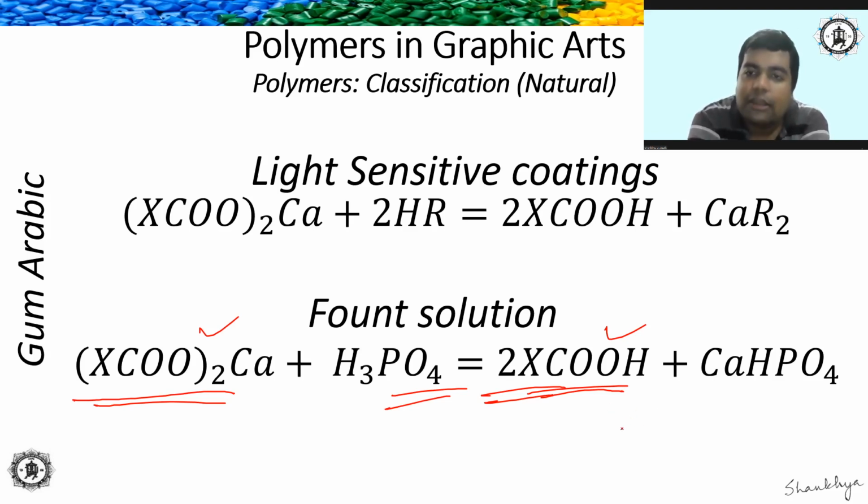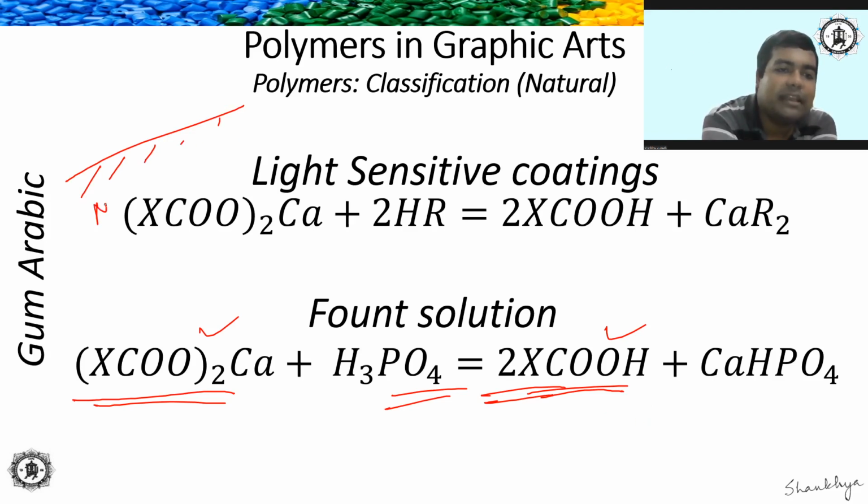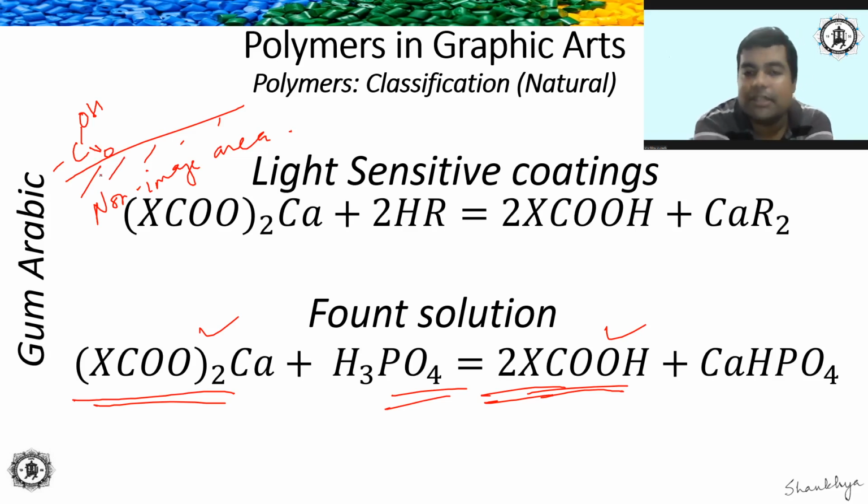But what will happen is, if this is your non-image area of the plate, this is your arabic acid molecule. This will settle on top of the non-image area. Arabic acid, or gum arabic, is found in the fountain solution, as I've already told.